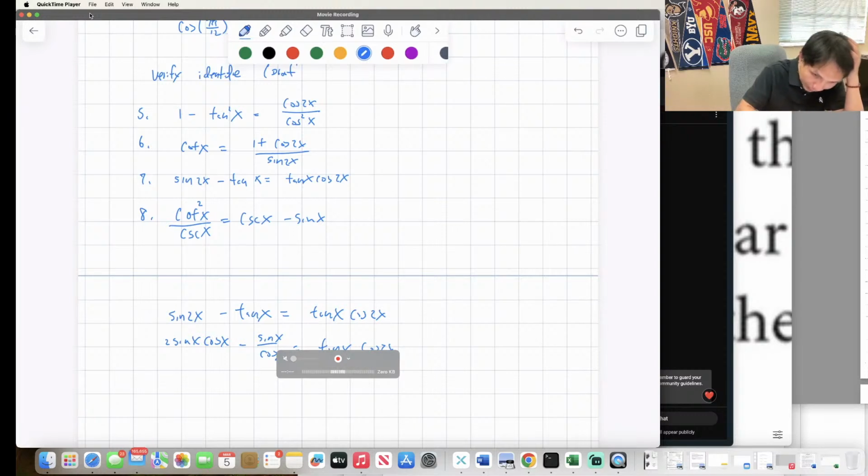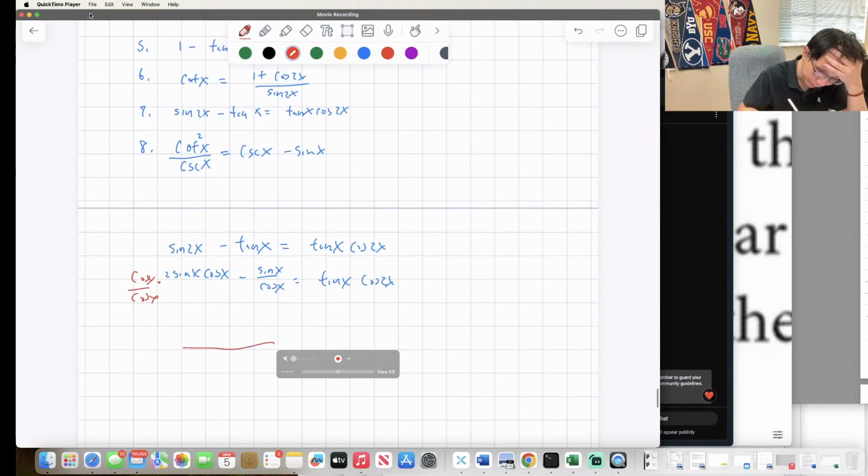Common denominator? Who says that? I cannot see you. Who's you? Morales? Okay, so did you do that? Cosine of x, right? So that'd be cosine of x.